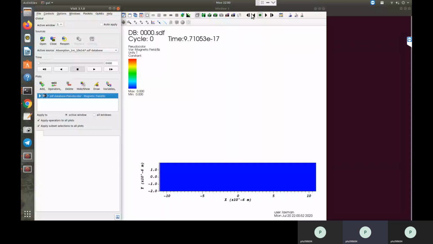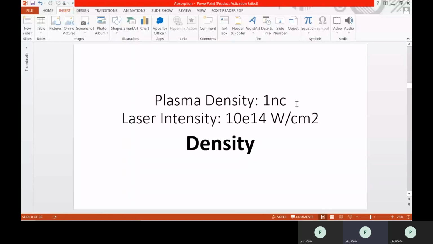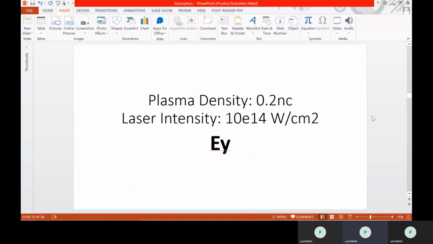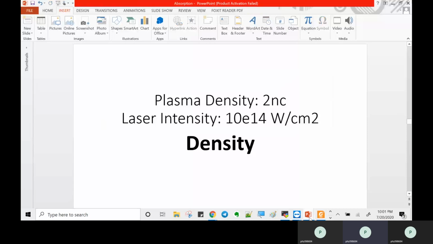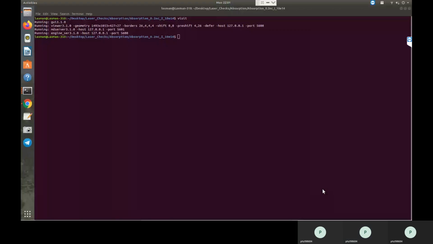So this was the curve for critical density, where the density equals the critical density and the intensity equals 10 to the power 14 watt per centimeter square. We plotted the density curve. We plotted the electric field along x, y, z, and the magnetic field along x, y, z. Now let's move to another case where the density is equal to 2 times the critical density. In this case, we will plot all these curves again.